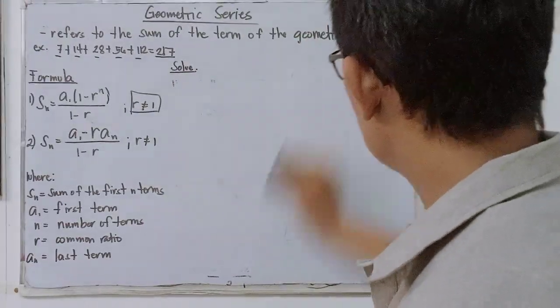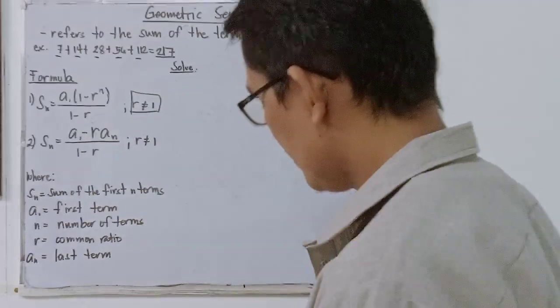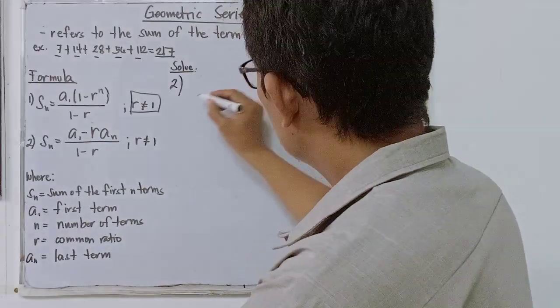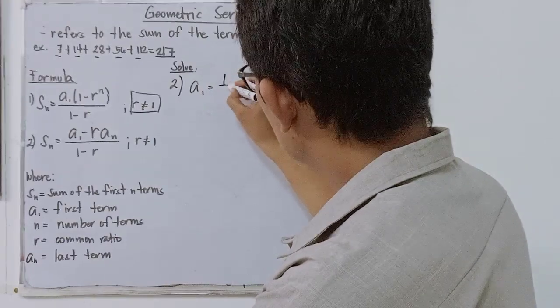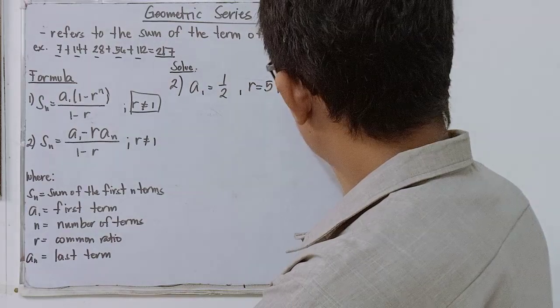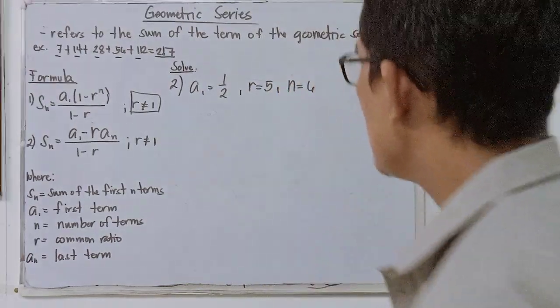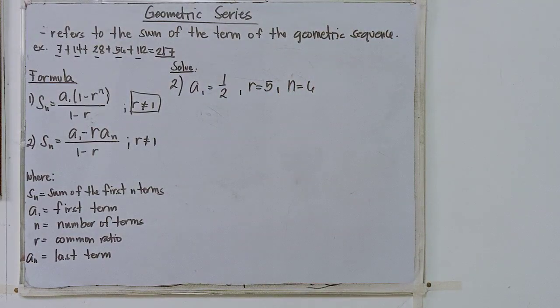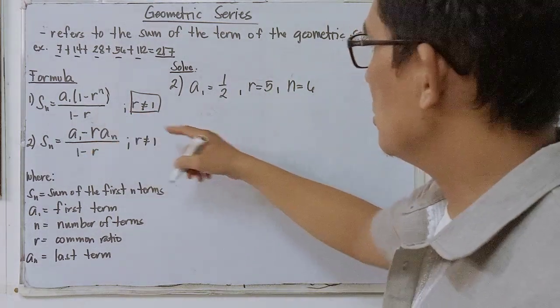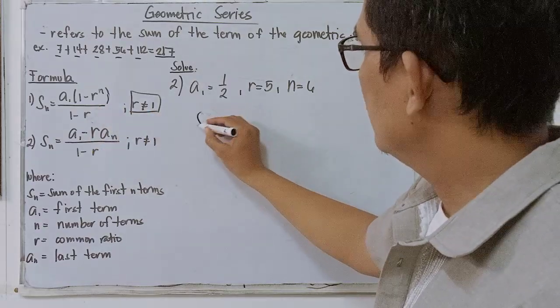So for our second example, our a sub 1 is 1/2, our r is 5, and our n is 6. What is the sum of our geometric sequence? Since we have r and n, we're going to use our first formula.